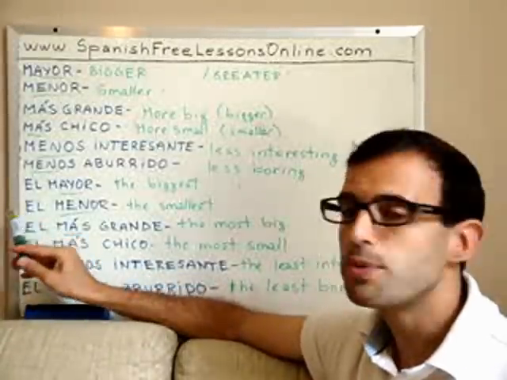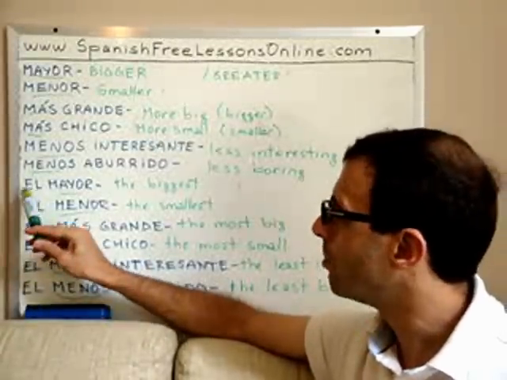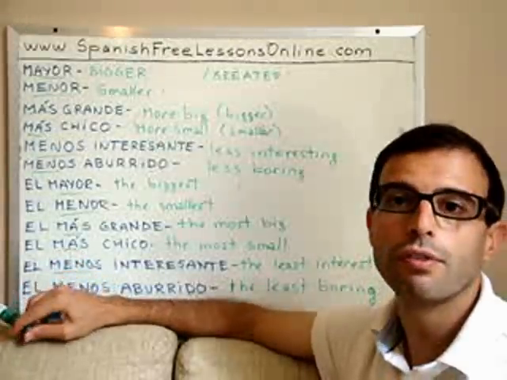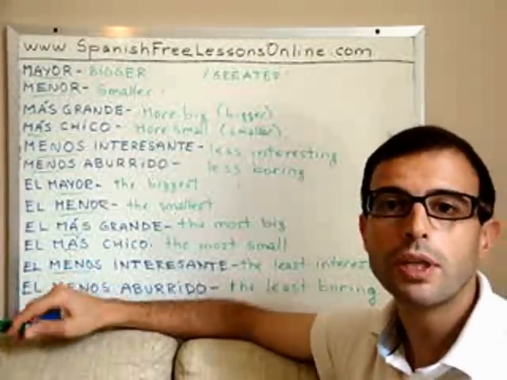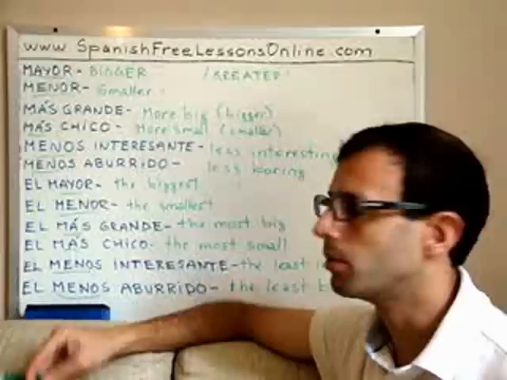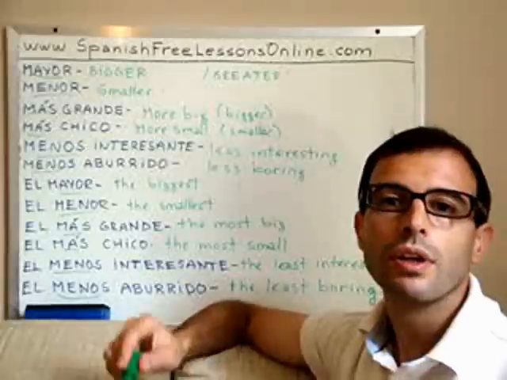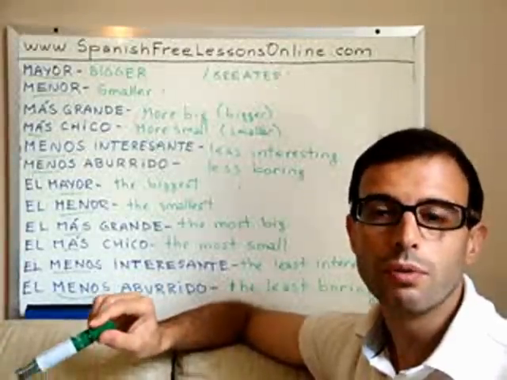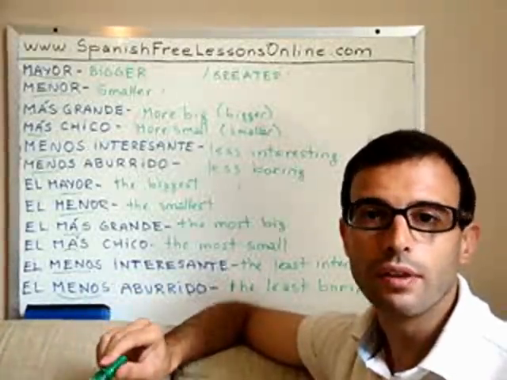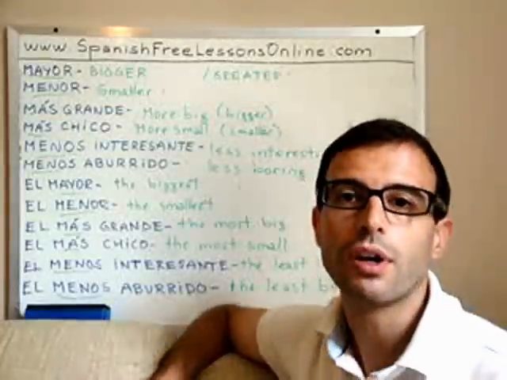Because if that object is a plural, you need to use a plural article, right? Or if it's a feminine, you need to use a feminine article in singular or in plural. So you need to be very careful and attentive to the object you are referring to, and thus you use the correct article, okay?